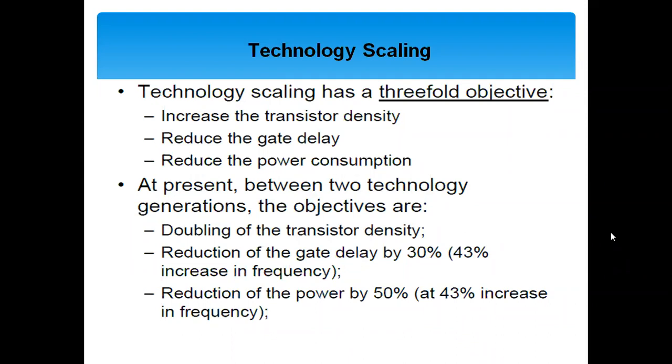As you know, day by day we are moving towards nanotechnology. So the aim, or the motto, behind technology scaling is to reduce the size of the chip, meaning the different ICs and system on chip.